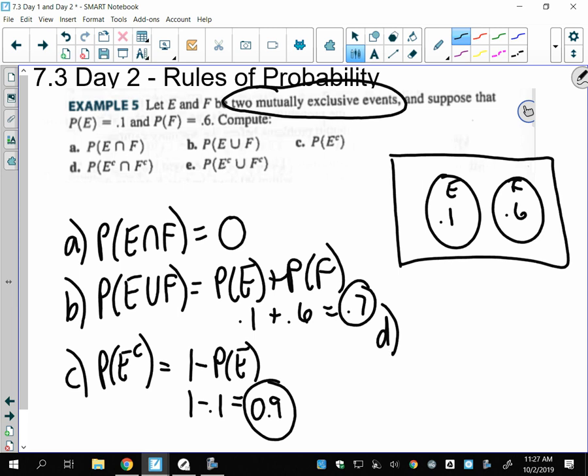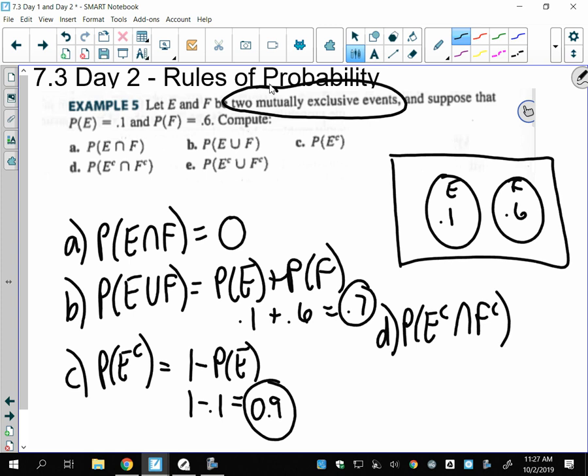For D, what's the probability of E complement intersect F complement? So this one maybe we've got to think a little bit more about. The book says we should go back and think about De Morgan's law.